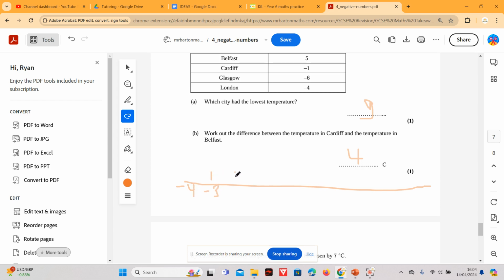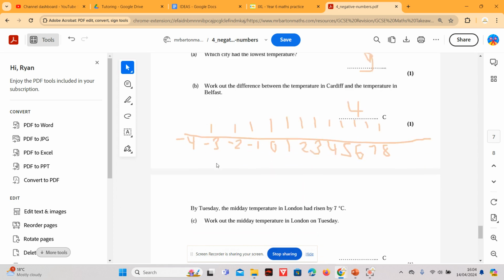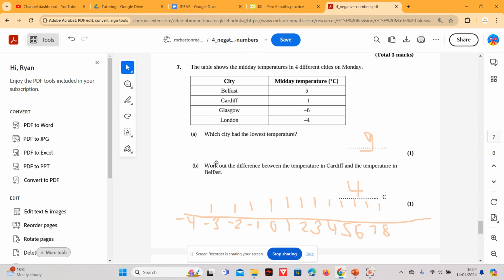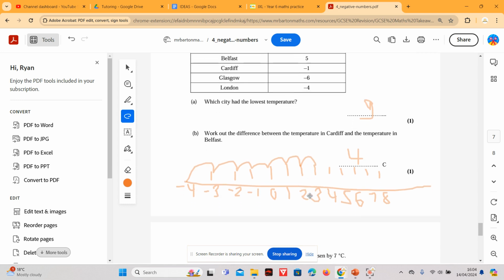So give me a second. 1, 2, 3, 4, 5, 6, 7, 8, etc. It says the temperature has risen by 7, so it was -4 at the start. Let's see how it's changed. 1, 2, 3, 4, 5, 6, 7. So the answer is 3.